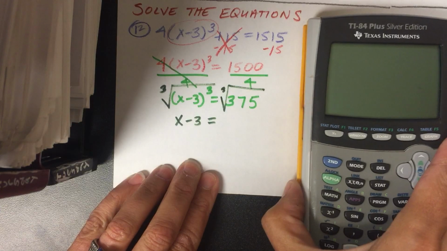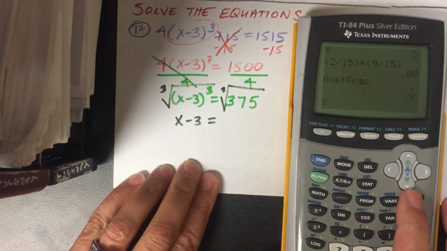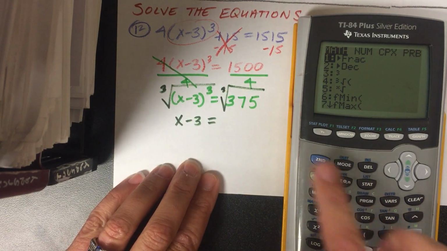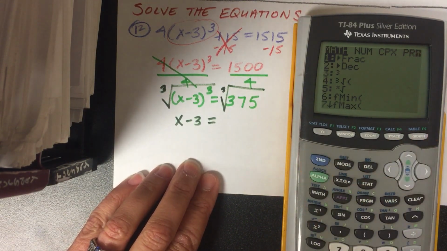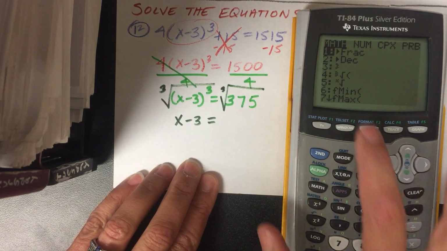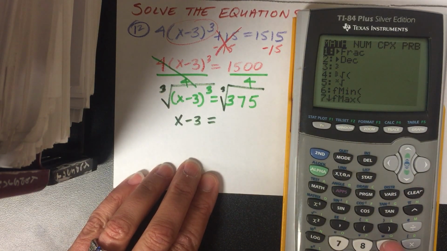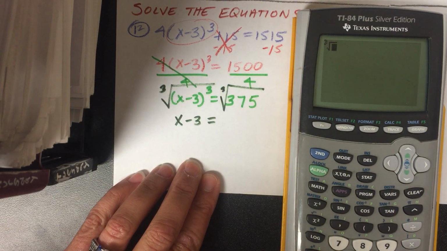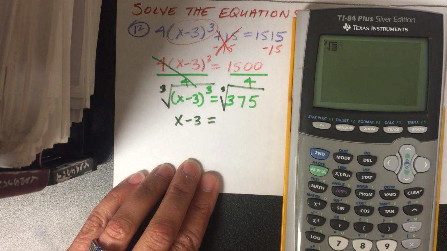Here's how we do it with the calculator. I'll show you from the beginning. Second, quit. You hit math, and then you can see number 4 is the cube root. So you hit enter, and I'm trying to find the cube root of 375.